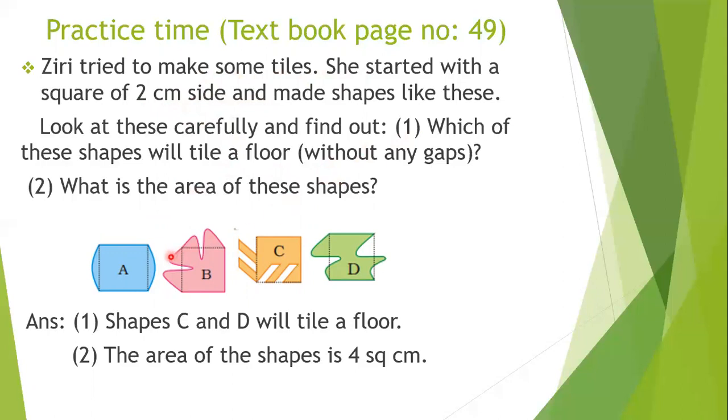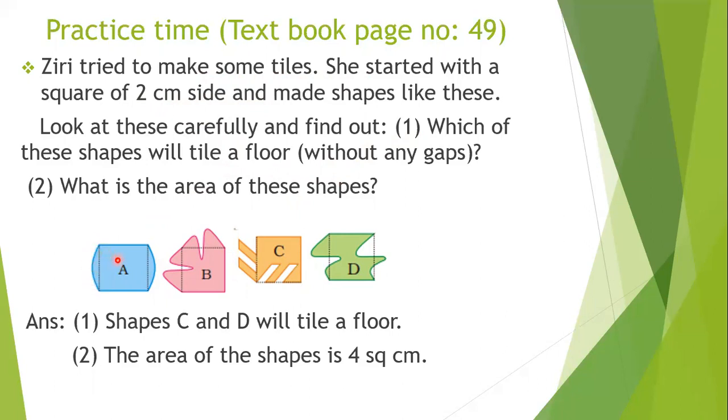And 4 tiles she has made. It is tile A, tile B, tile C, and tile D. 4 different types of tiles she made, which can fill the floor without leaving a gap. See children, here both the sides of the tile are the same type and this part is projected out. No?